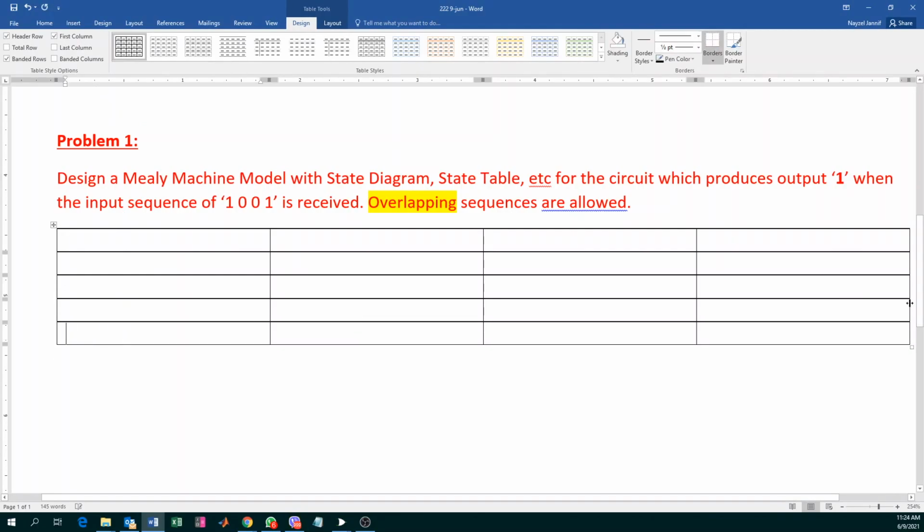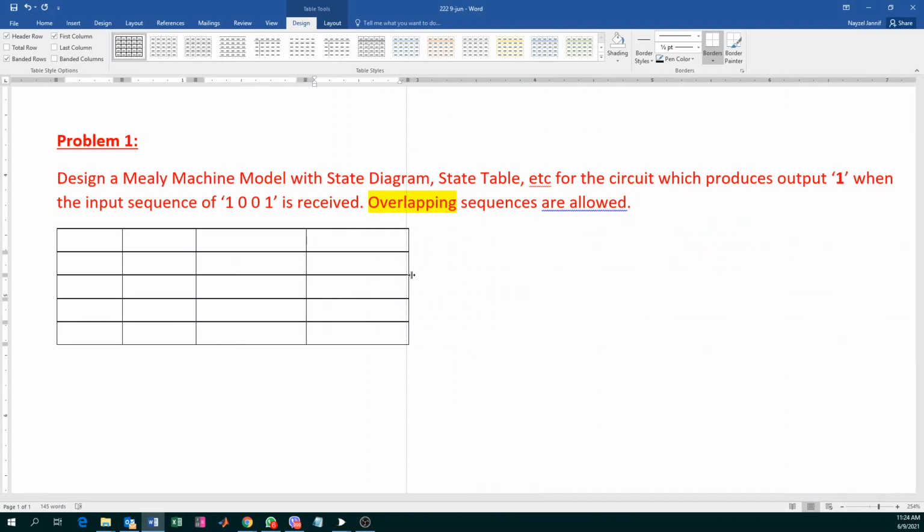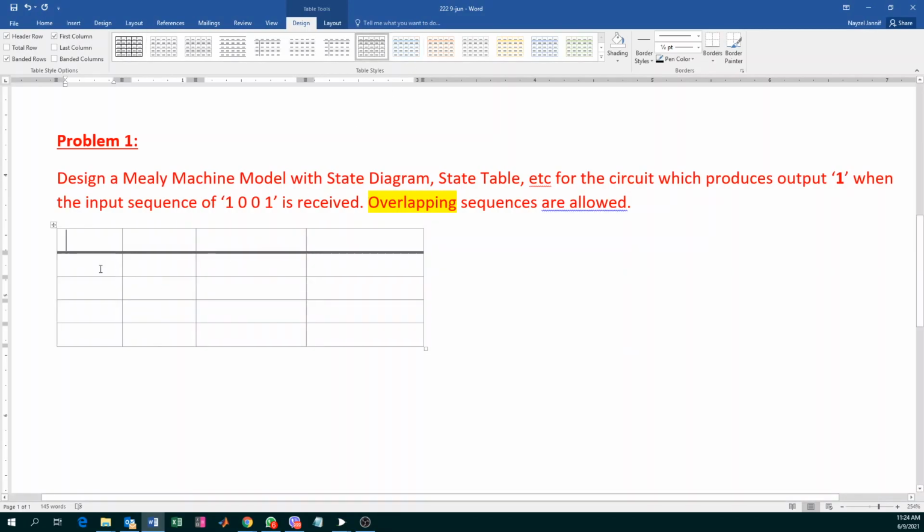This is a table for the working. There's no particular name for the table. It's just a table to determine our working. The true thing is the state diagram. Once you get to the state diagram, this particular table I'm drawing will assist us in our working.